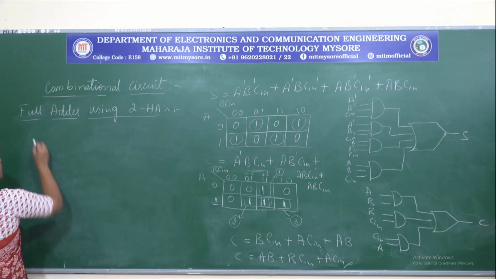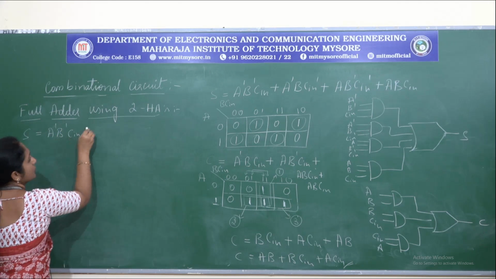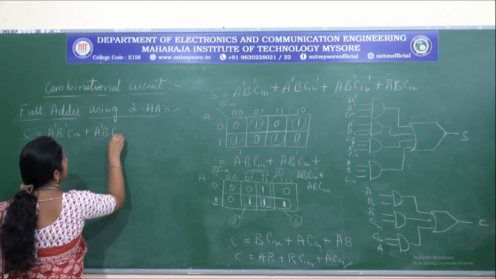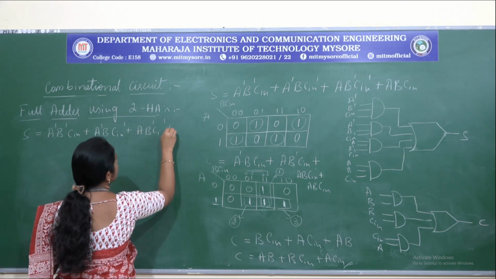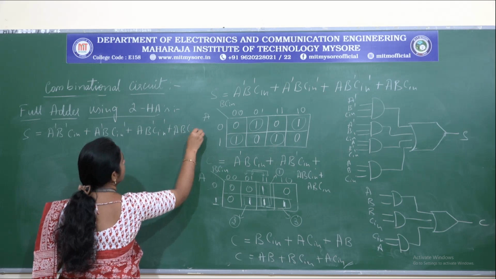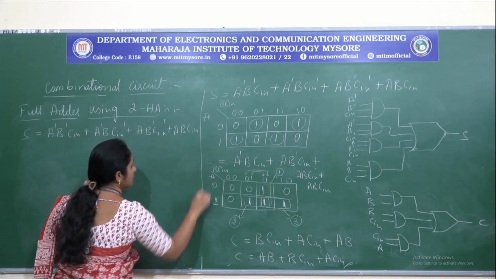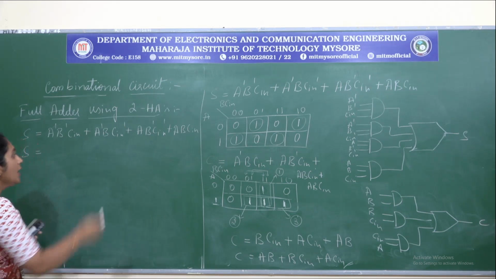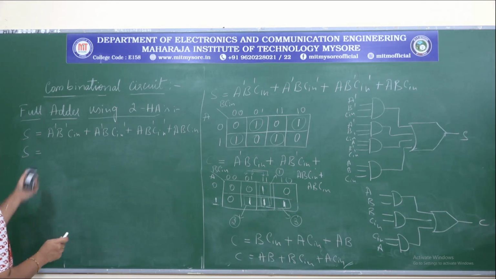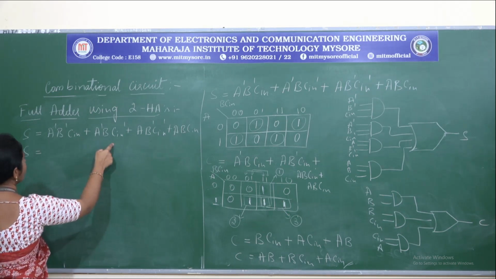Let us consider the same sum expression here. As I said, it cannot be reduced further, but it can be represented in another form. Which terms can be taken as common here?